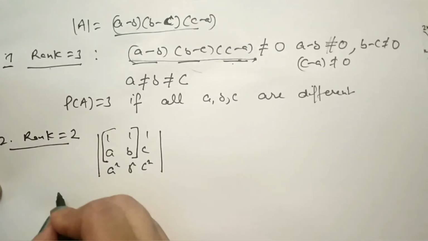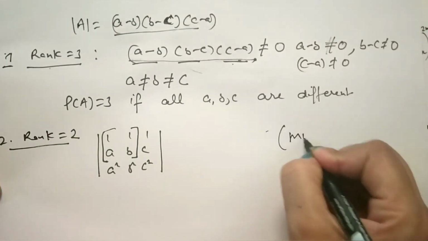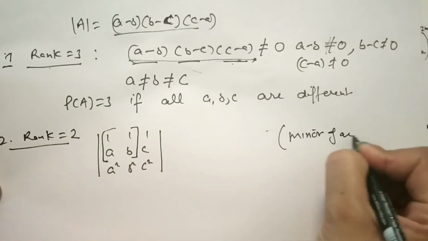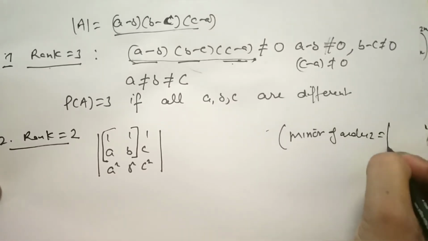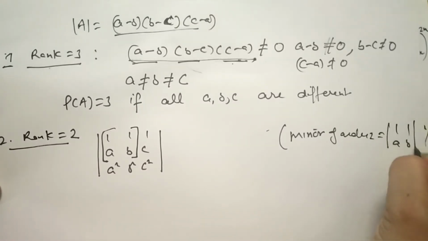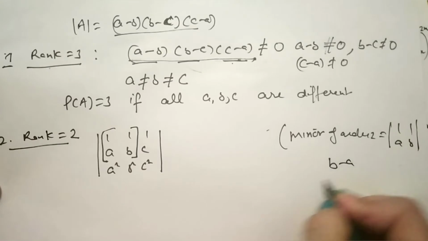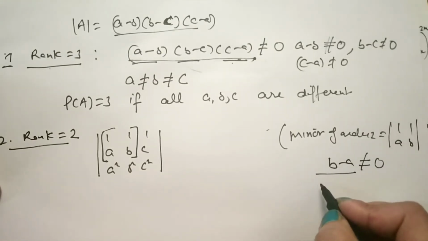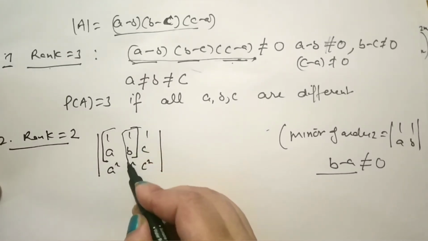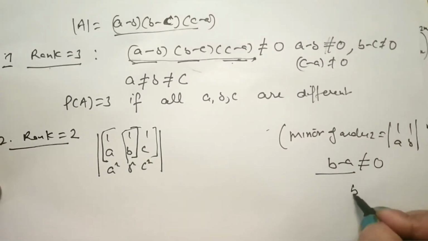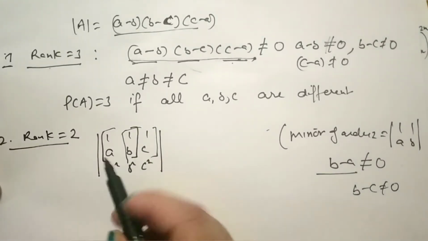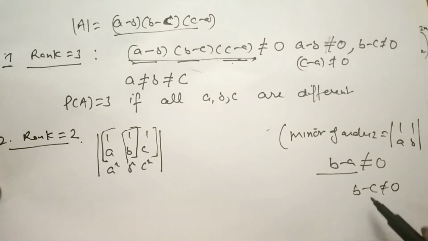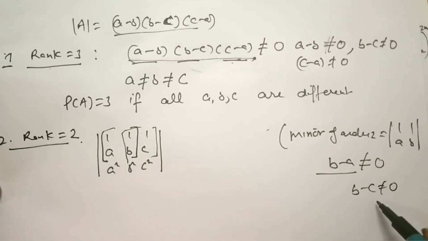So the minor of order 2 here is equal to the determinant of 1 1, A B, and you calculate it, you get B minus A. If B minus A is not equal to 0, or you can take this one also, when you take this, you get B minus C is not equal to 0. Then only the rank will be 2, if the minor of order 2 is non-zero.